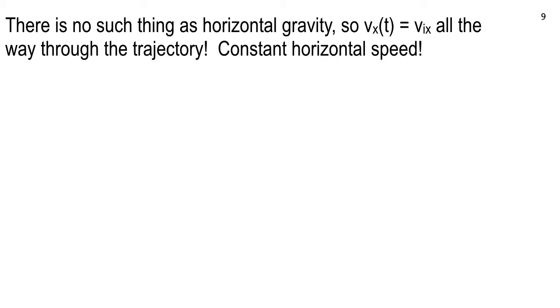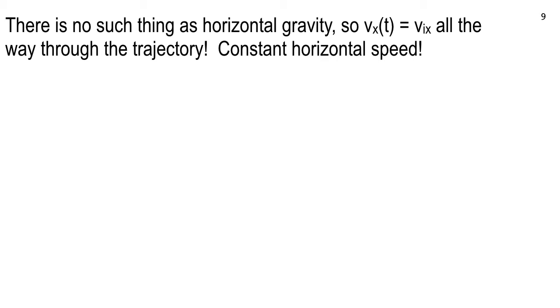We have a constant horizontal speed. Gravity is vertical, so it doesn't affect any horizontal component of velocity. That's unchanged. So that's going to be so many meters per second.